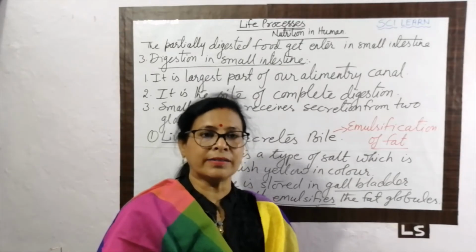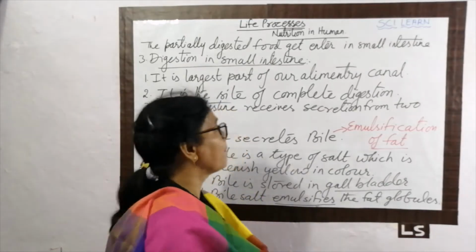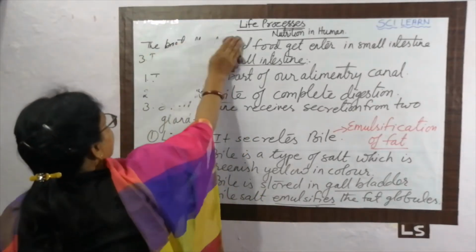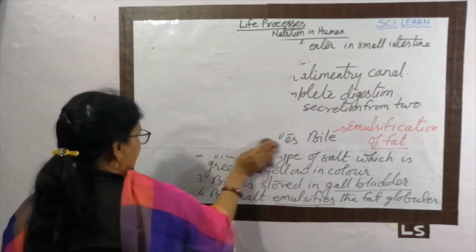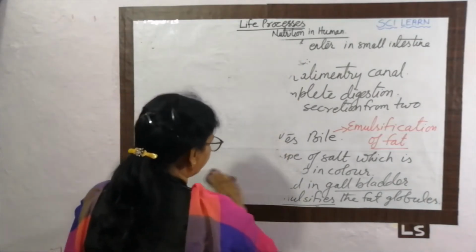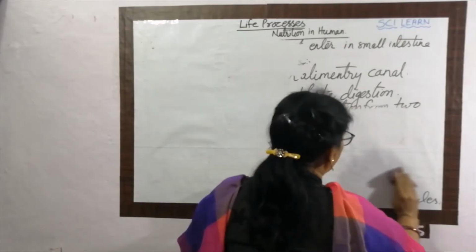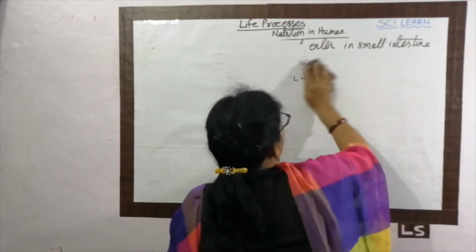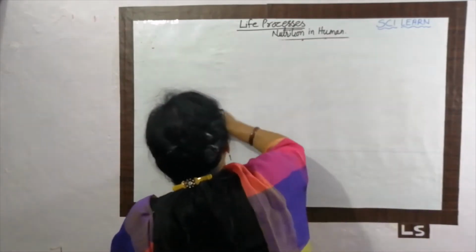The second organ which is joined with the small intestine is the pancreas. See in your diagram, one side the liver is present and another side the pancreas is also present. Pancreas is called an exocrine and endocrine gland.